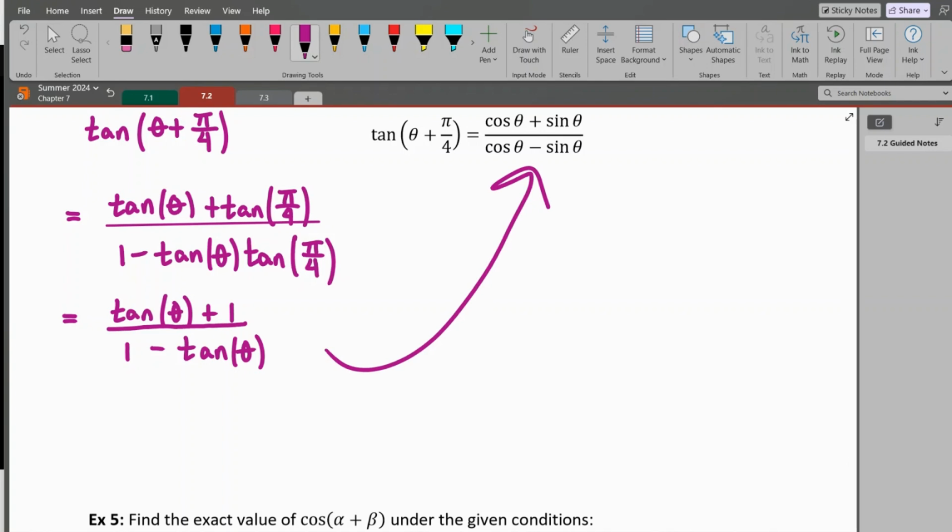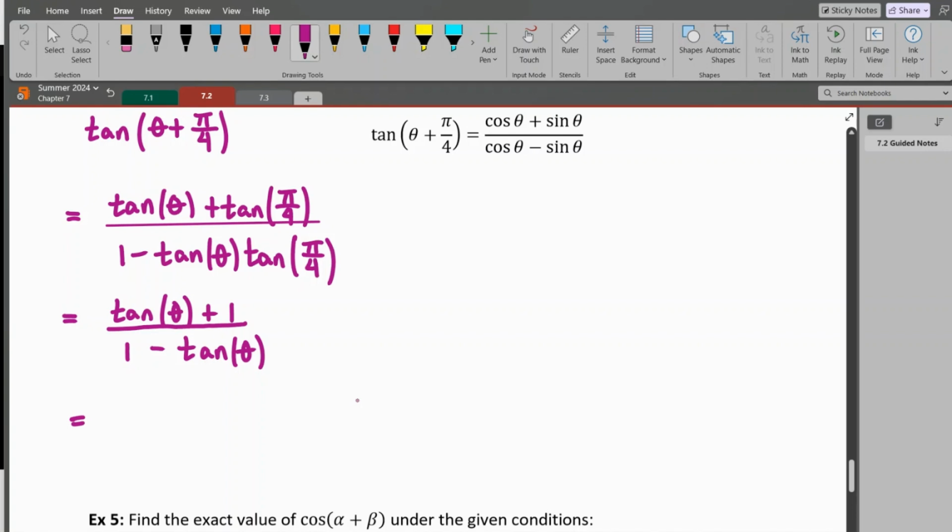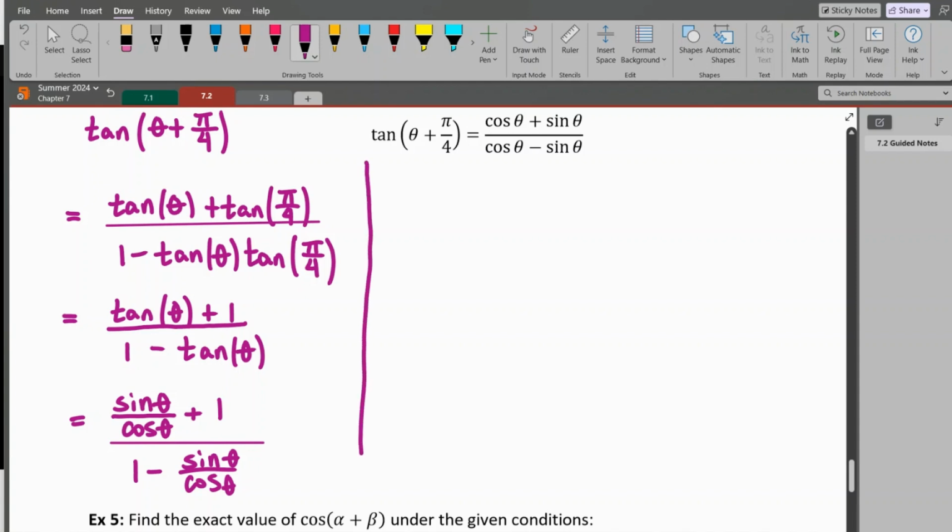There's multiple ways we can get there, but one is we could just begin by rewriting our tangent as sine over cosine. Let's go ahead and do that. I ran out of room here, so I'm going to start a new column.